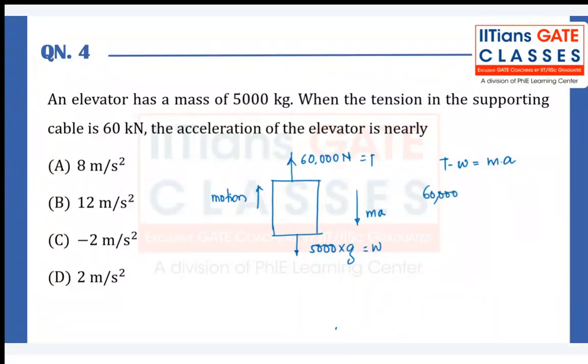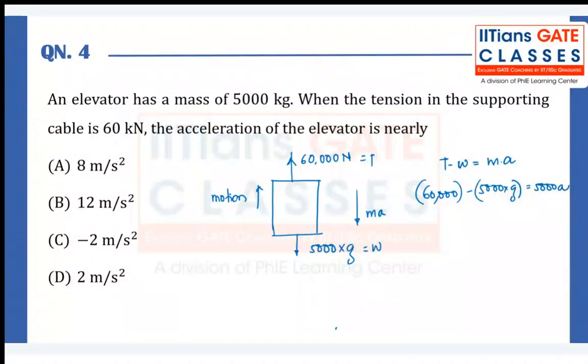So tension is 60,000 minus weight, which is 5,000 times g, is equal to the mass, again 5,000, times the acceleration.